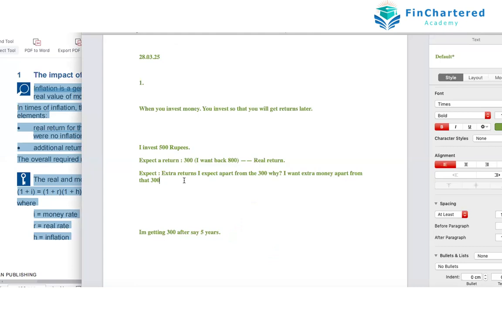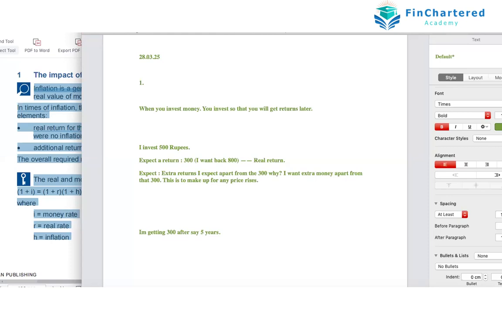But apart from that, I also expect returns apart from that 300. Why do I want extra money apart from that 300? This is to cover up, to make up for any price rises.